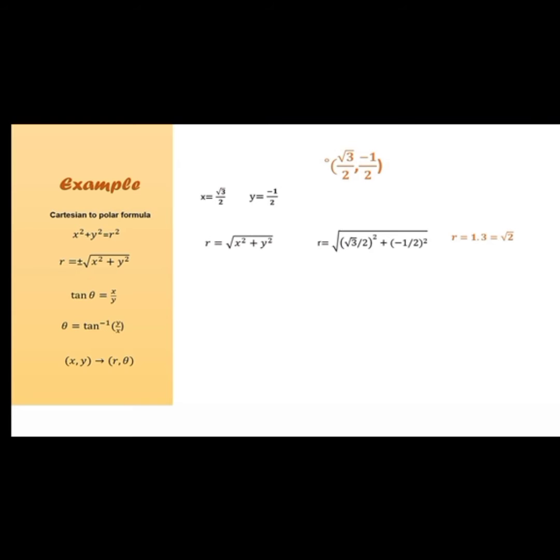Next step, we find the angle by substituting, and it gives negative 30 degrees. And as a result, our polar coordinates are root of 2 and negative 30 degrees.